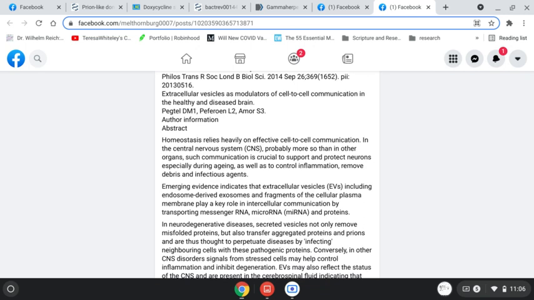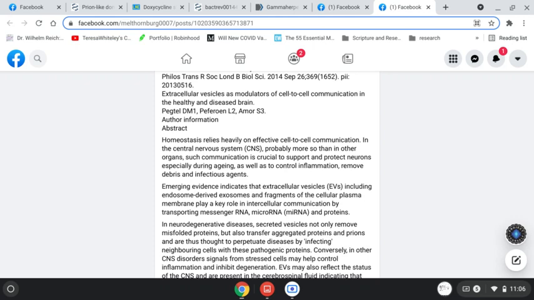Well, she talks about extracellular vesicles as modulators of cell-to-cell communication in healthy and diseased brain. Homeostasis relies heavily on effective cell-to-cell communication in the central nervous system, probably more so than in other organs. Such communication is crucial to support and protect neurons, especially during aging, as well as to control inflammation, remove debris, and infectious agents.